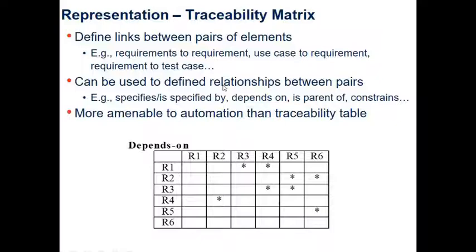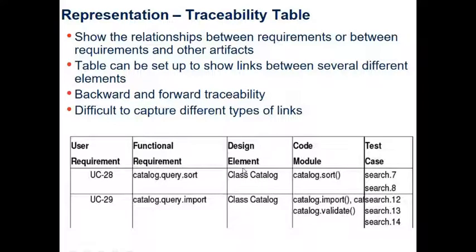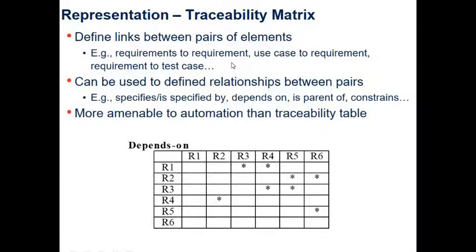Now this is a representation of traceability using a traceability matrix. So previously we looked at the traceability table. Now this one is a traceability matrix. It defines links between pairs of elements. So for example, requirement to requirement, or use case to requirement, or requirement to test case.